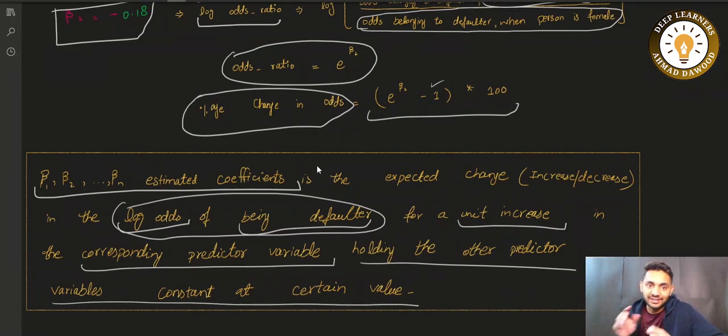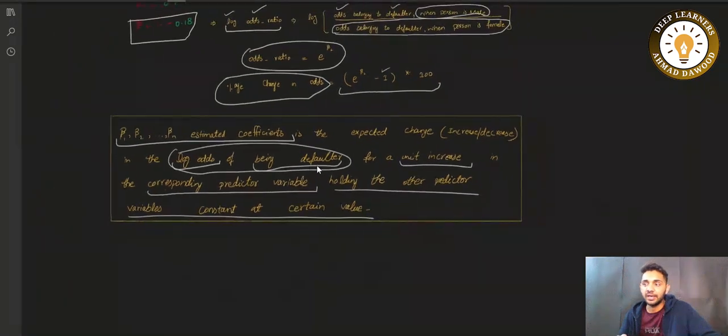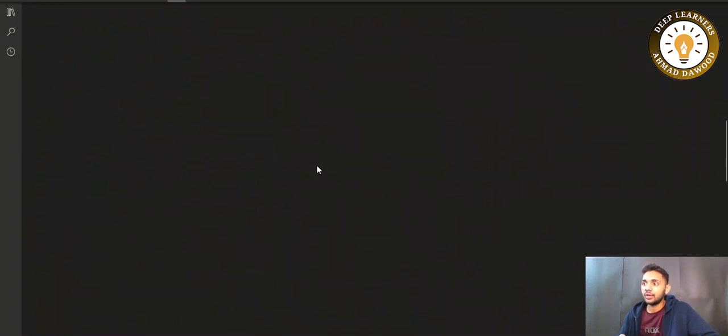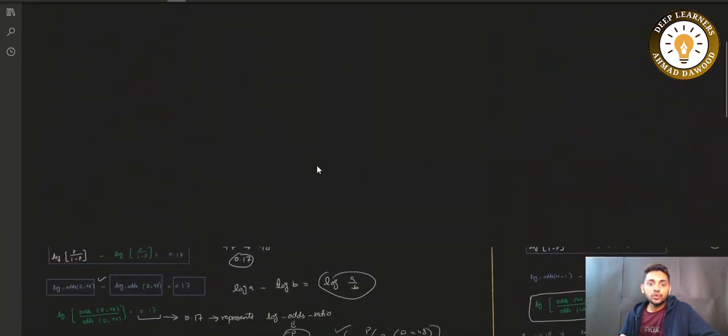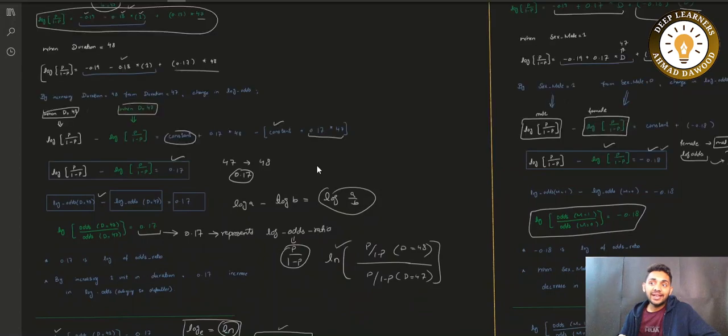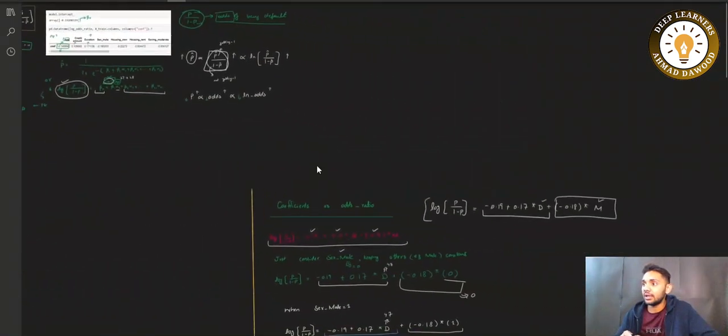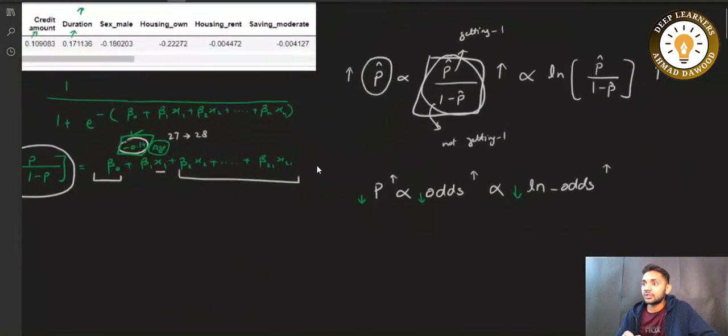In this way you can interpret coefficients of logistic regression, and you can also use that analysis to see which column has which type of relation with the target column.